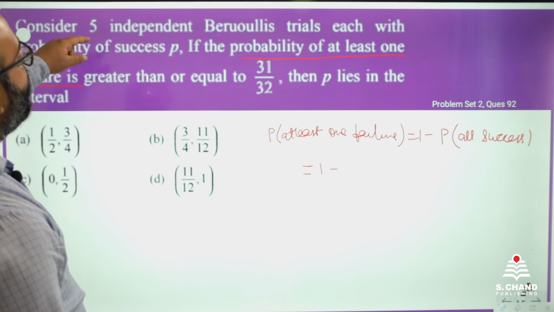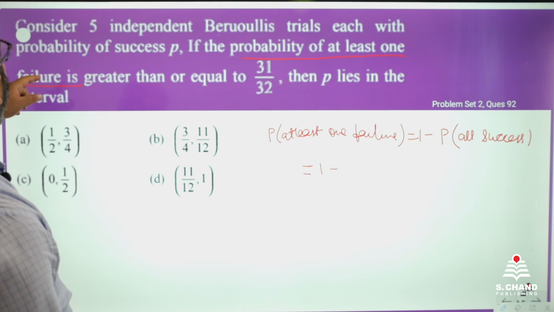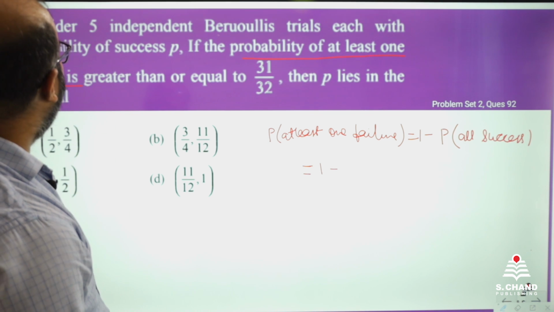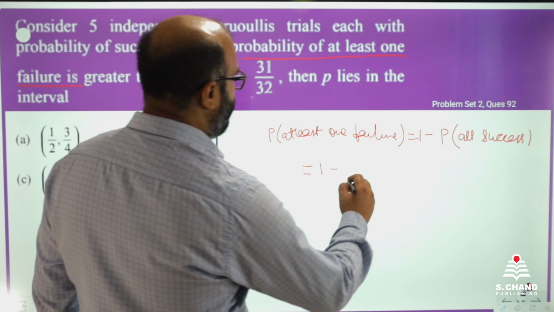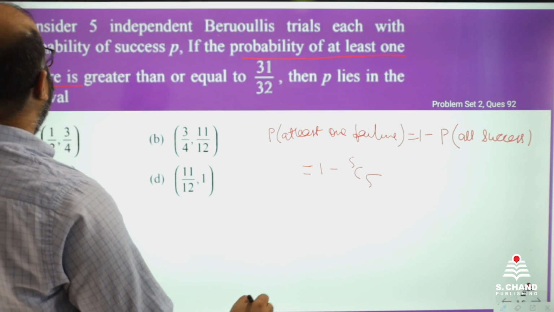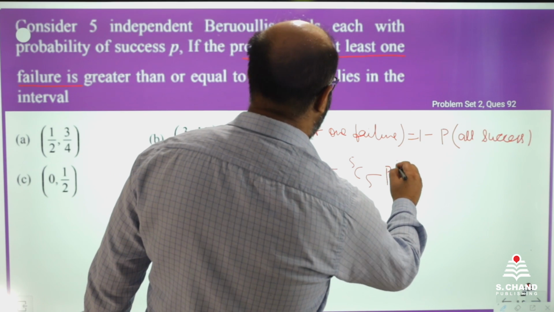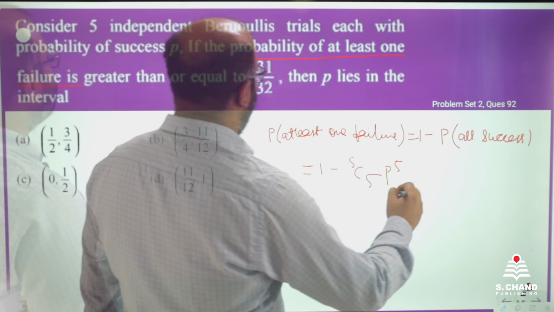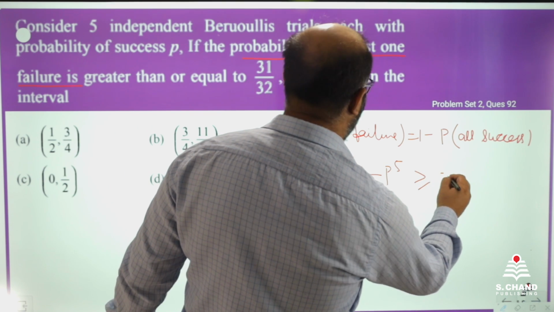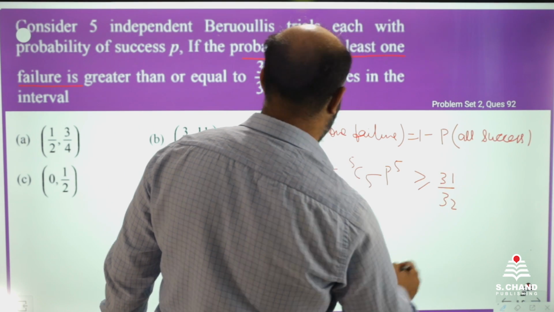So 5 independent Bernoulli trials, each with probability of success P. Now probability of all success is 5C5, P, the probability of success, to the power 5. And 1 minus this value is greater than or equal to 31 by 32.